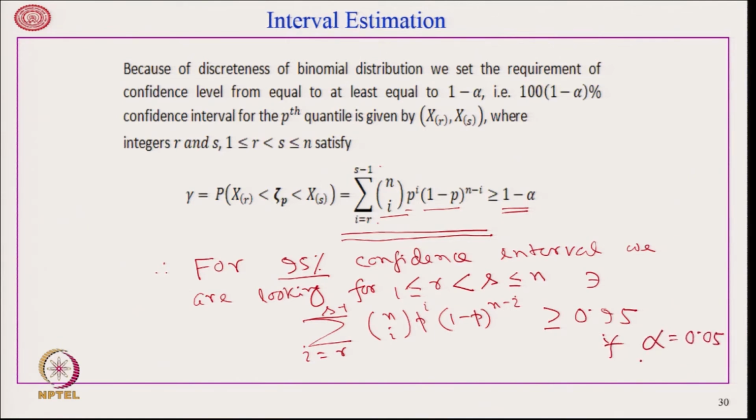Similarly, for a 90% confidence interval, the value of alpha is going to be 0.1.